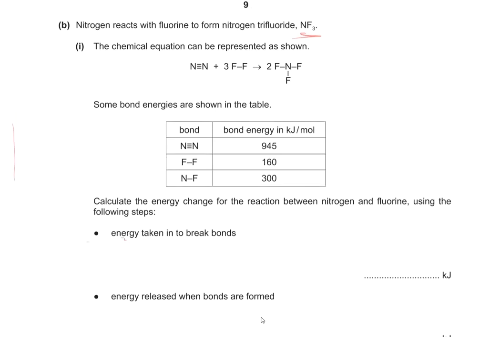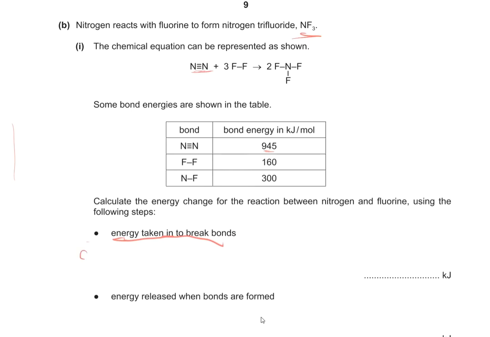First thing, energy taken in breaking the bonds. So this side is the bond breaking side, the reactant side. So we've got to look at the bond energy for each bond here. To start, we can see an N triple bond N, which is 945 kilojoules per mole.